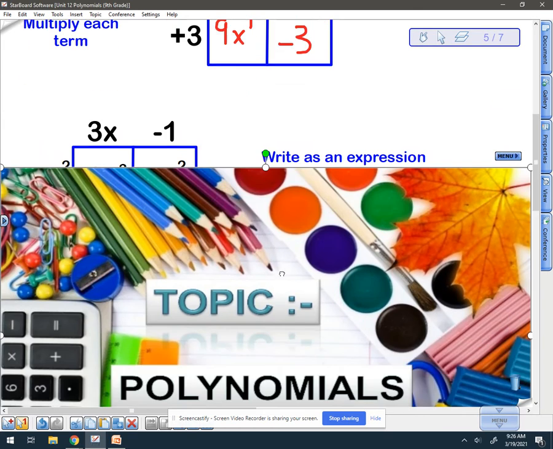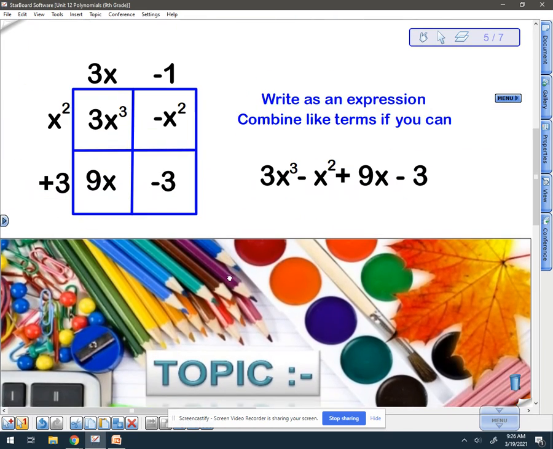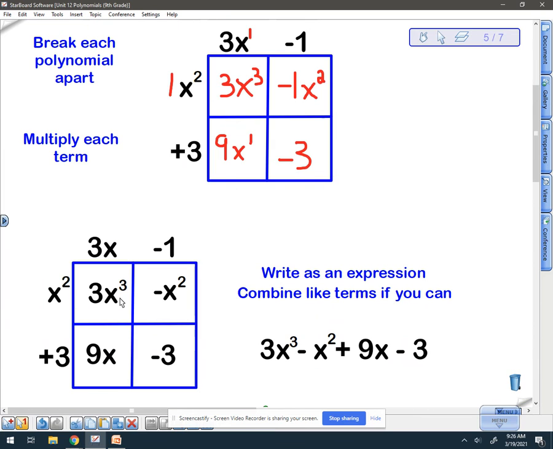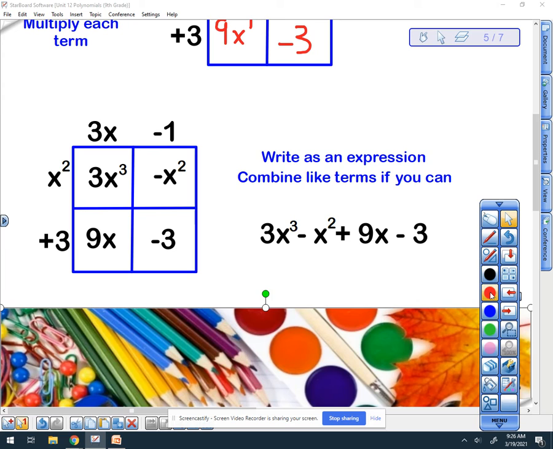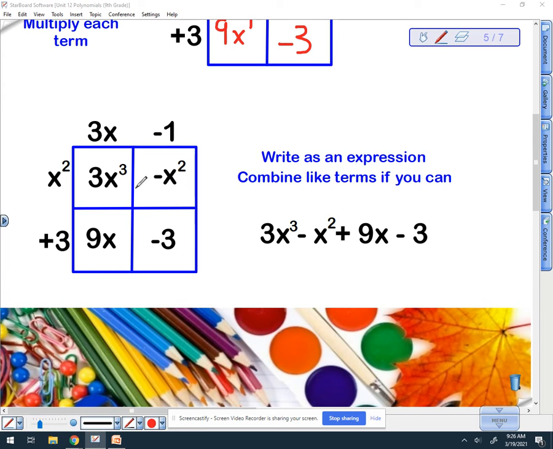So if we come down, same answers here we got here. Now write it as an expression, and combine like terms if you can. All you do is go through and write these down over here. You should write them down in standard form.